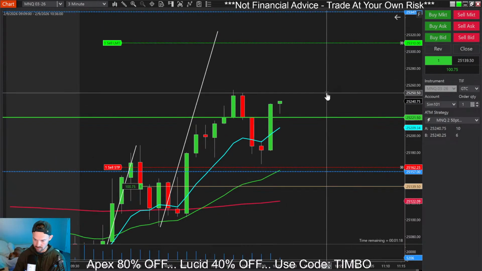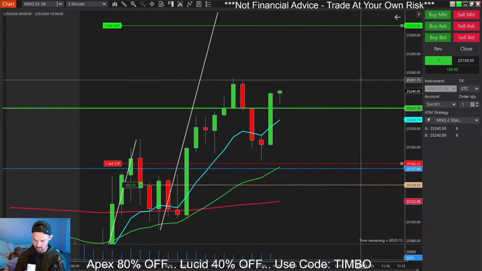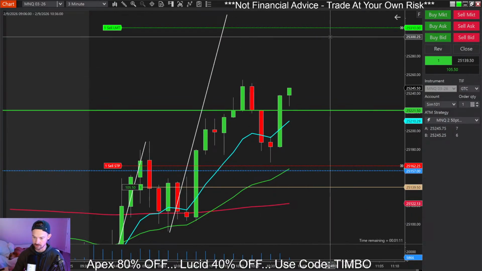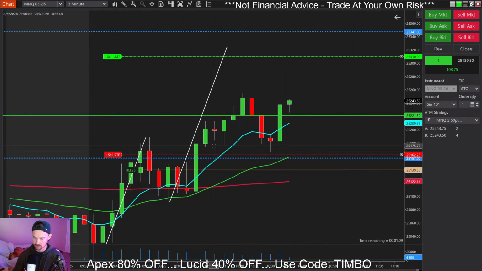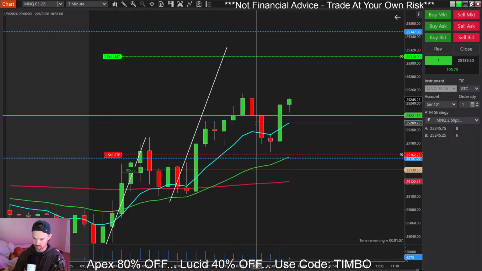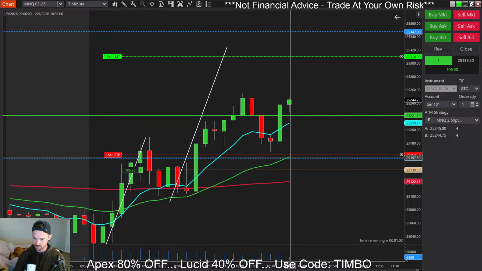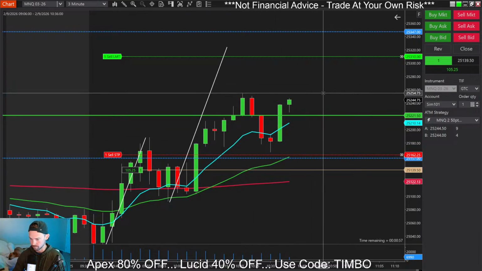Like I said, it's one or the other. But you have to be fully okay with letting it come back if you're going to go for those farther targets, because they'll do this. They'll drop it back down, take some people out that trail their stops tighter, get some bears excited, and then they'll shove it back up.